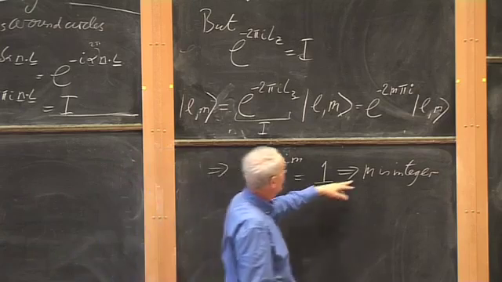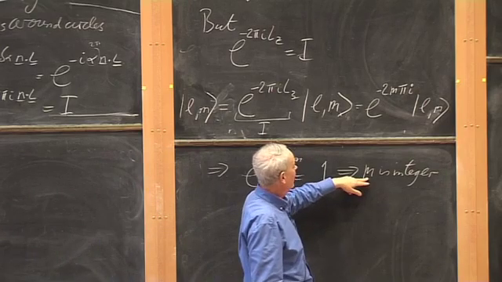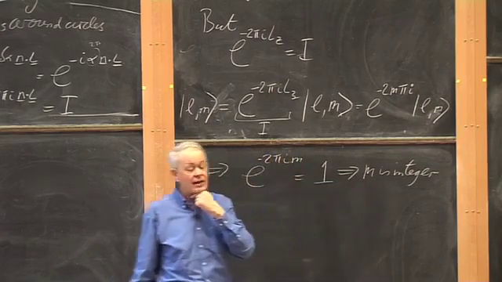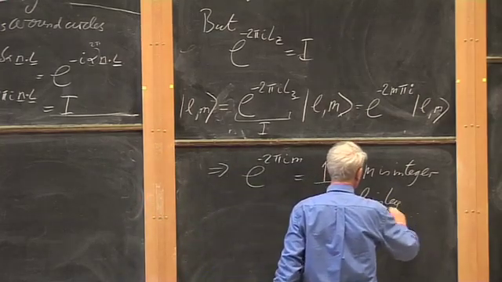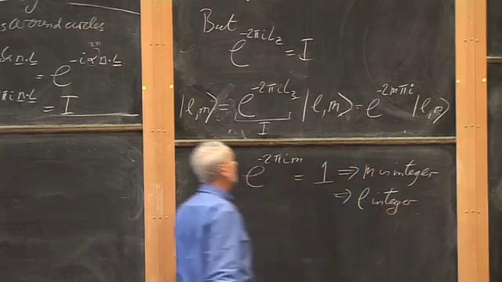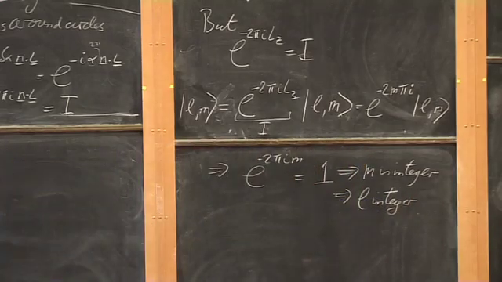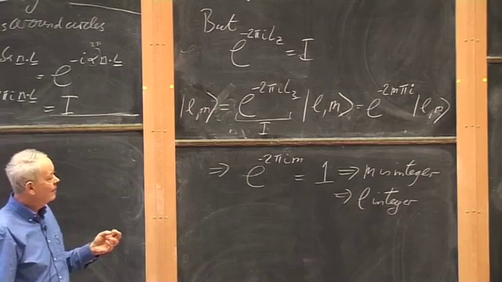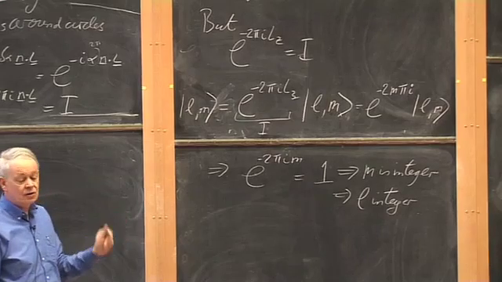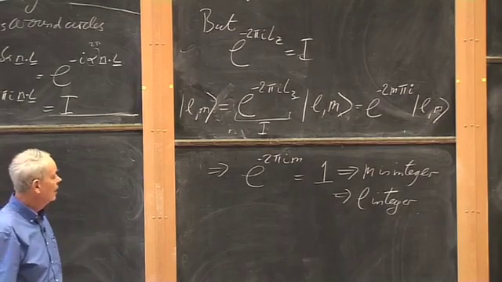And that has the consequence that m has to be an integer, and therefore L has to be an integer. So the eigenvalues of L squared are L(L+1), where L equals 0, 1, 2, 3, 4, etc. And therefore m is also going to be stuck on integers.